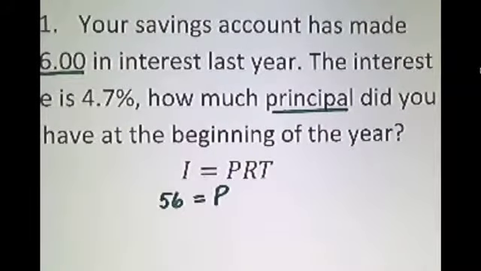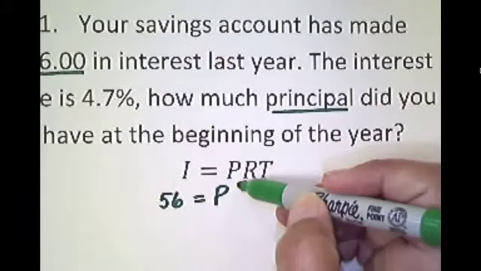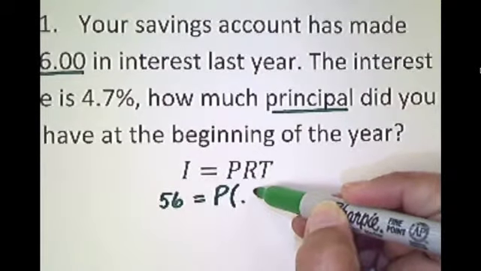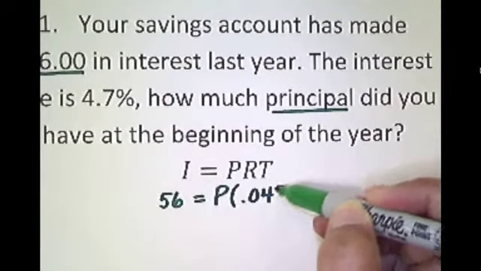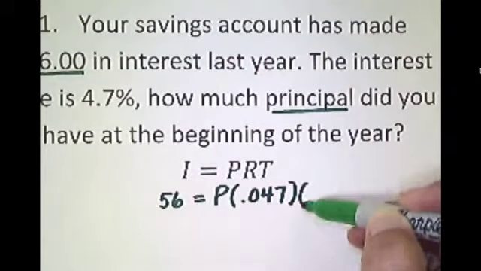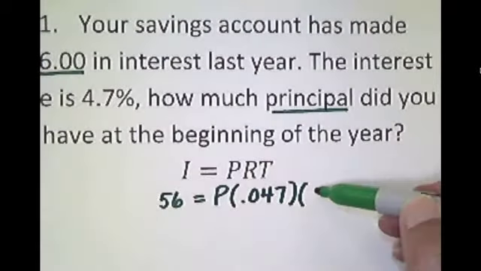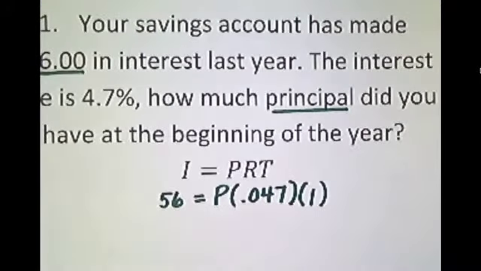So in order to change the percent to a decimal, you're going to divide by 100 or move the decimal place 2 places to the left. So as a decimal, 4.7% would be 0.047. And we're only looking at 1 year, so our time is going to be 1.